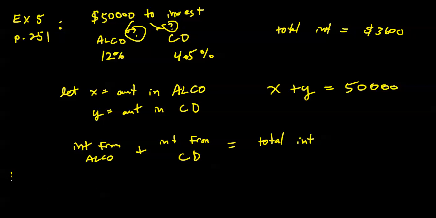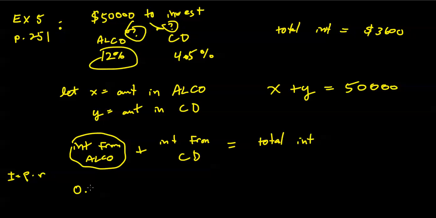Now, of course, we know that interest equals principal times rate of interest. So the interest from the Alco account, well, the Alco account is at 12%, so I can say that 12%, or 0.12, times the amount in Alco has got to equal the interest from the Alco account, plus the interest from the CD account.